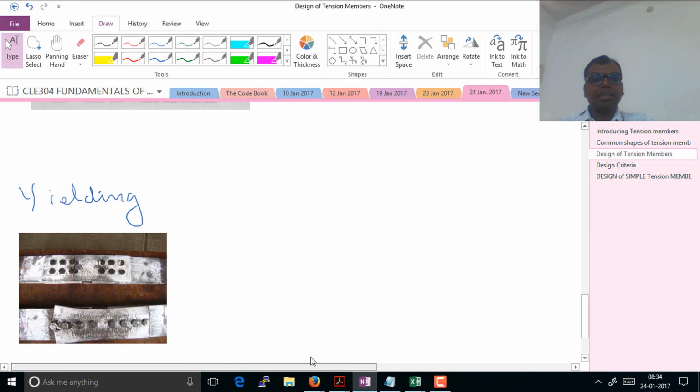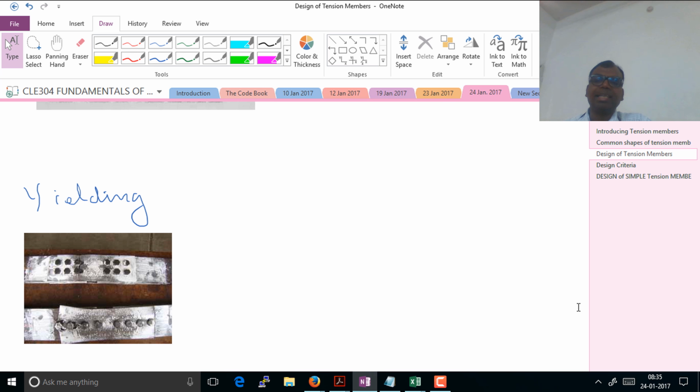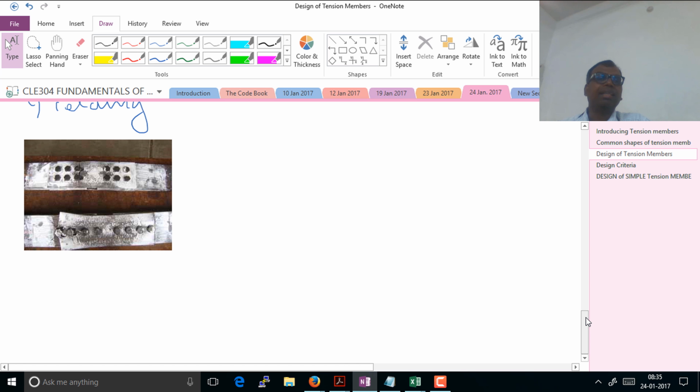And this is about yielding. So the member can yield. Can you see how the section has reduced greatly in this portion? So these are ways the member yields.